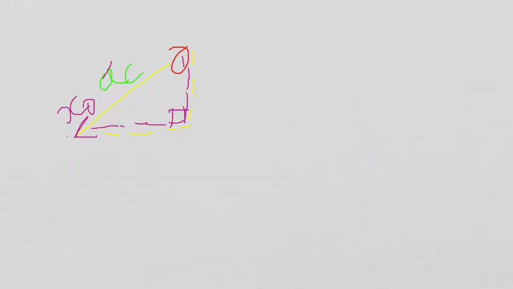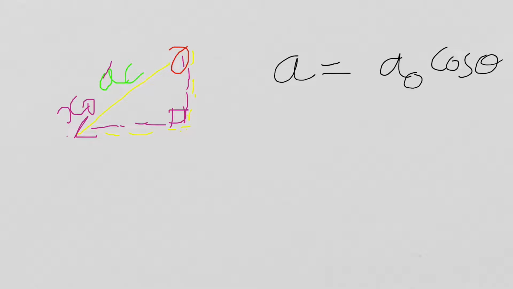Now we are going to derive acceleration, the most important parameter. In this yellow color triangle, acceleration will be given by maximum acceleration into cos theta, and you should remember the sign should be negative because it is pointing towards the left. Again theta equals omega into t.